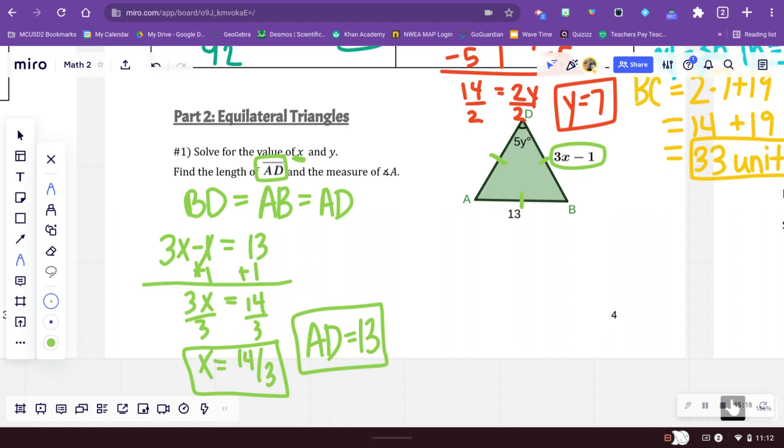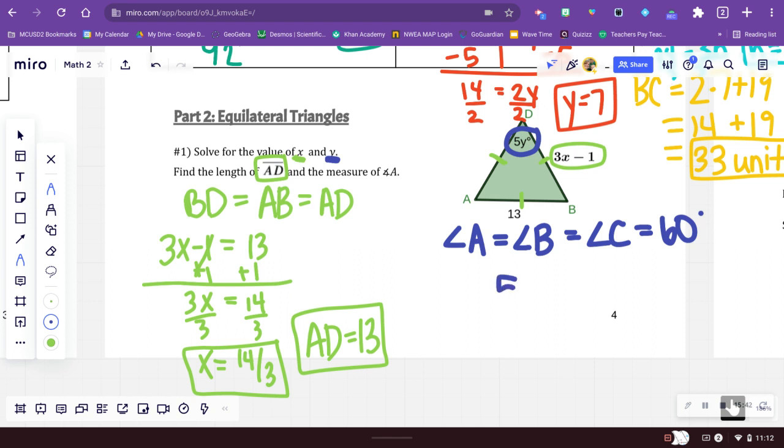All right, so that's the sides. Now let's focus in on the angles. So angle D here is 5y. We know since it's equilateral, everything's equal. So angle A is equal to angle B, which is equal to angle C. And we know each of those angles has to be 60 degrees because that's the only way we're going to get 180.